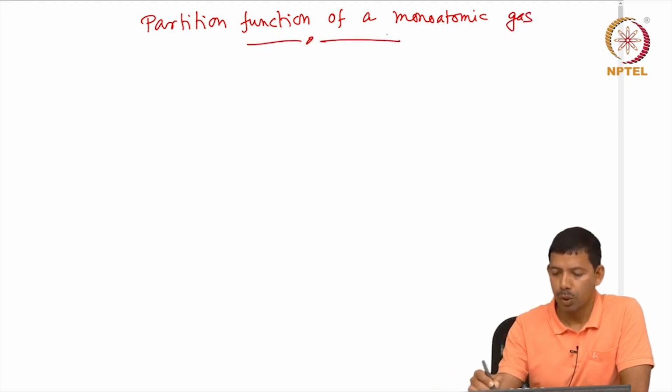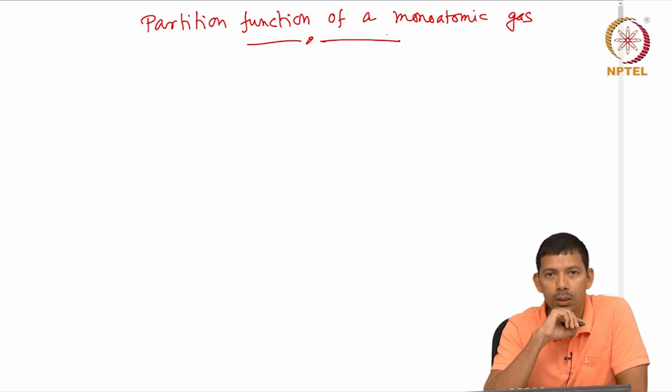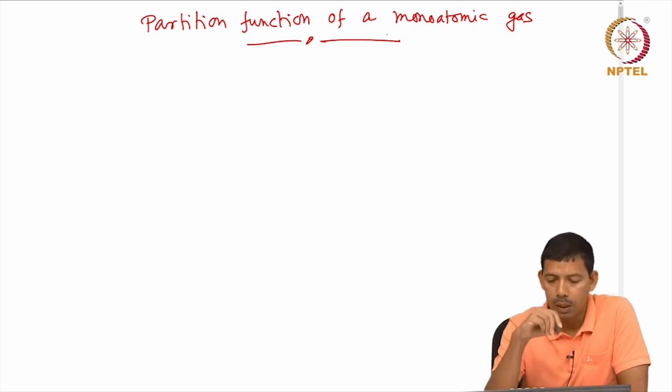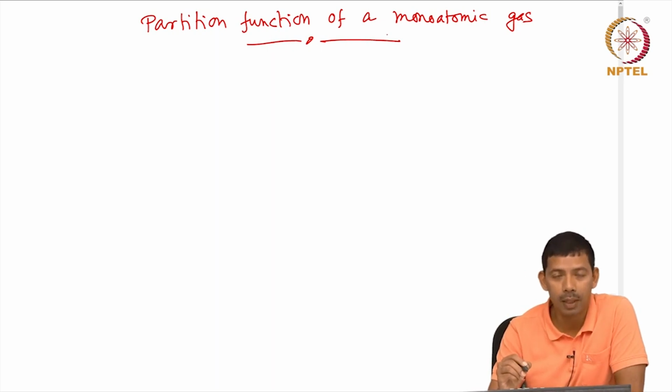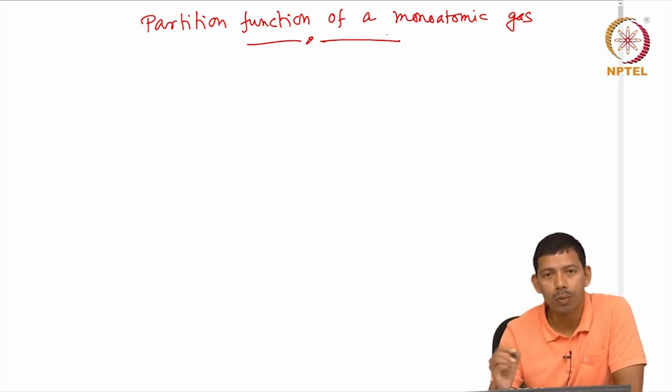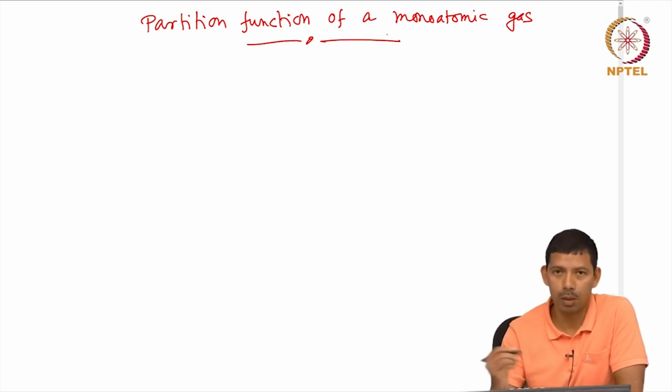As I have shown you, the partition function can be correlated to various thermodynamic quantities. Now, we are taking a special case where we are trying to find the partition function of a monoatomic gas, and from there we will see how it correlates to various thermodynamic quantities.